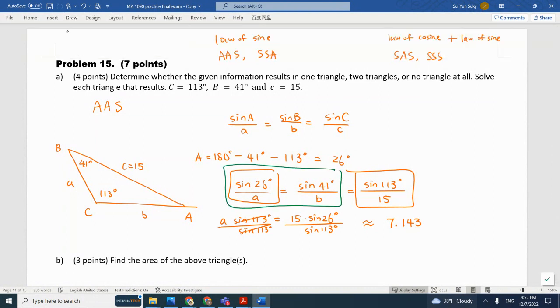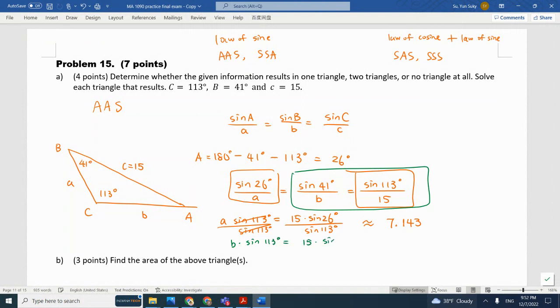Cross multiply. b times sine 113 degrees equals 15 times sine 41 degrees. So divide both sides by sine 113 degrees. And then you put that in your calculator. You get 10.691. So please practice using your calculator to make sure you can get the same answers.